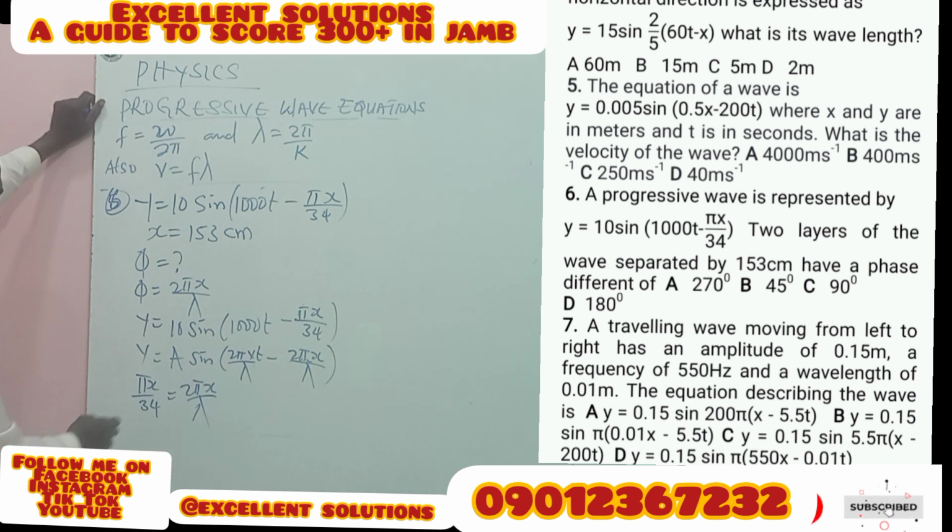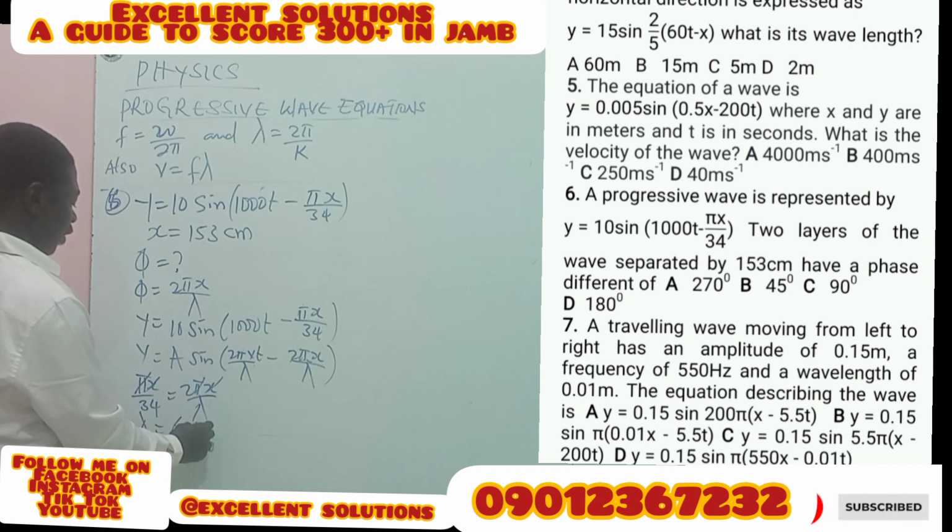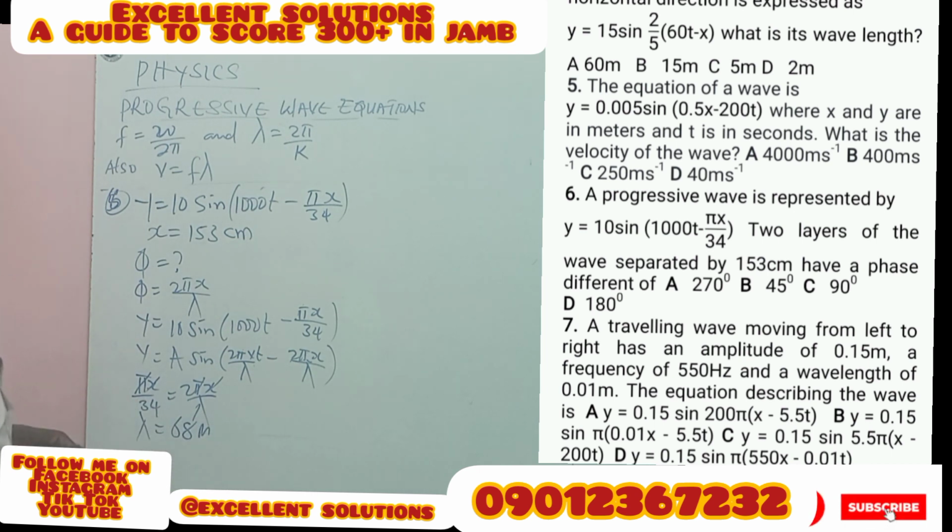Pi cancels pi, x cancels x. When we cross multiply, we have lambda equals 2 times 34, which is 68. So lambda equals 68 meters.